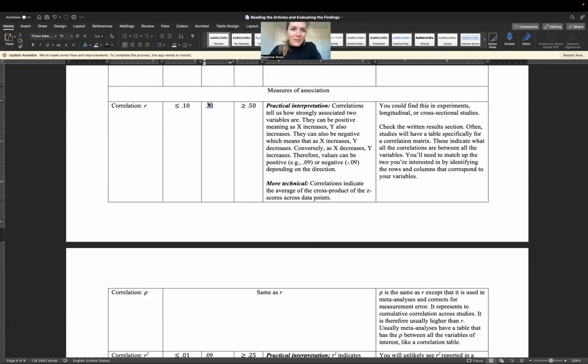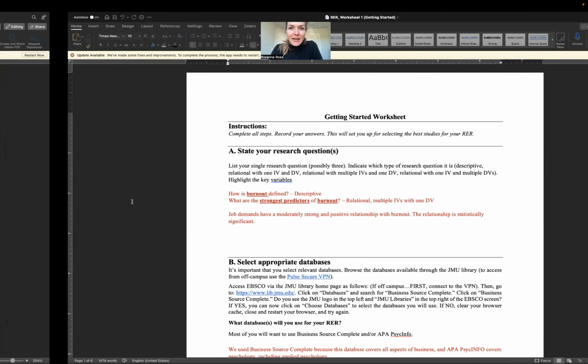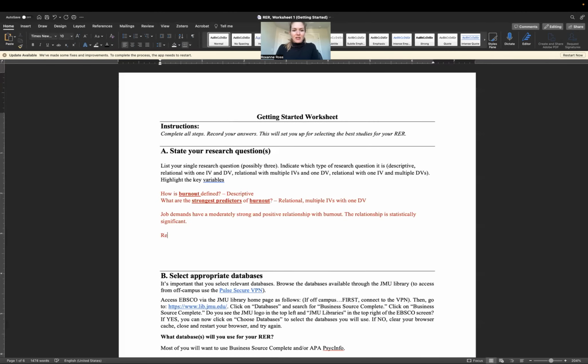So the negative 0.27, it's around this 0.3 mark. It's just inverse. And we would say resources have a moderately strong and negative relationship with burnout.